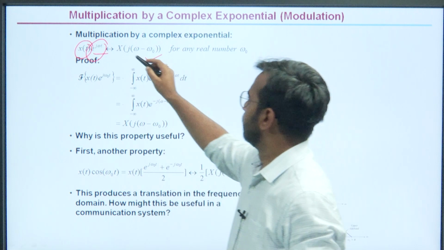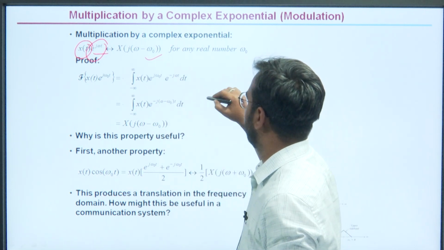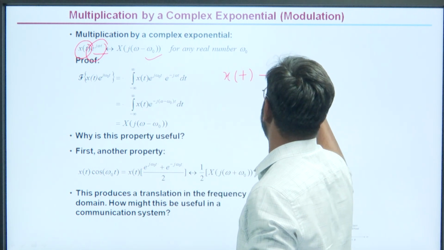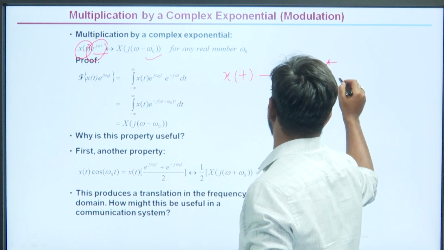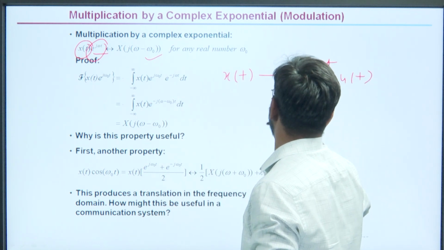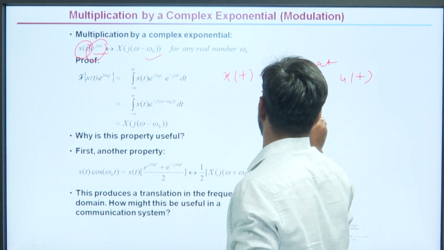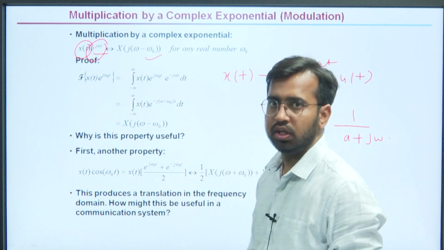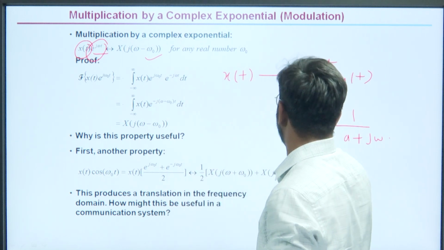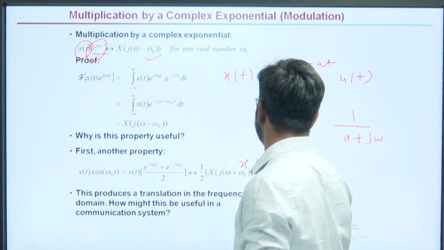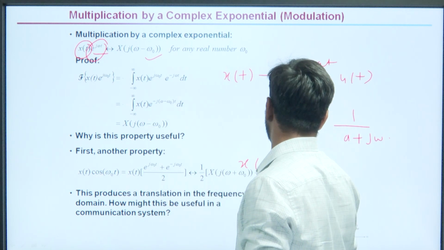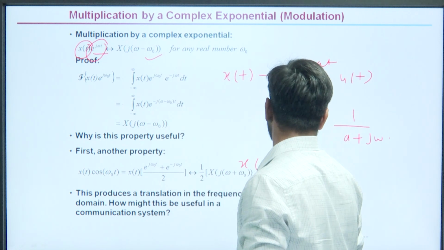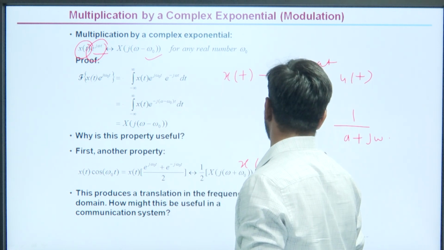See how we can solve this. Suppose we have seen x t as e to the power minus a t u t, and for this the Fourier transform is 1 upon a plus j omega. Now suppose we are required to find the Fourier transform of x t into e to the power j 2 t.